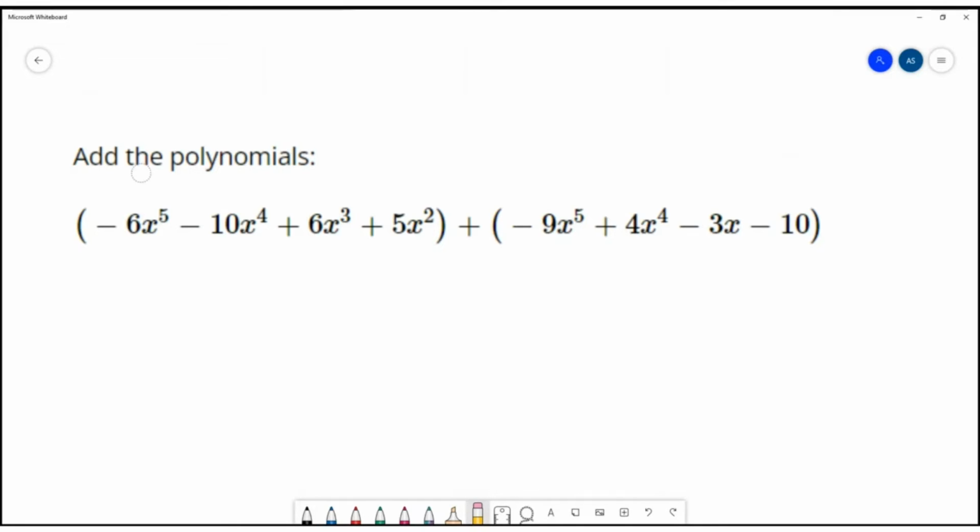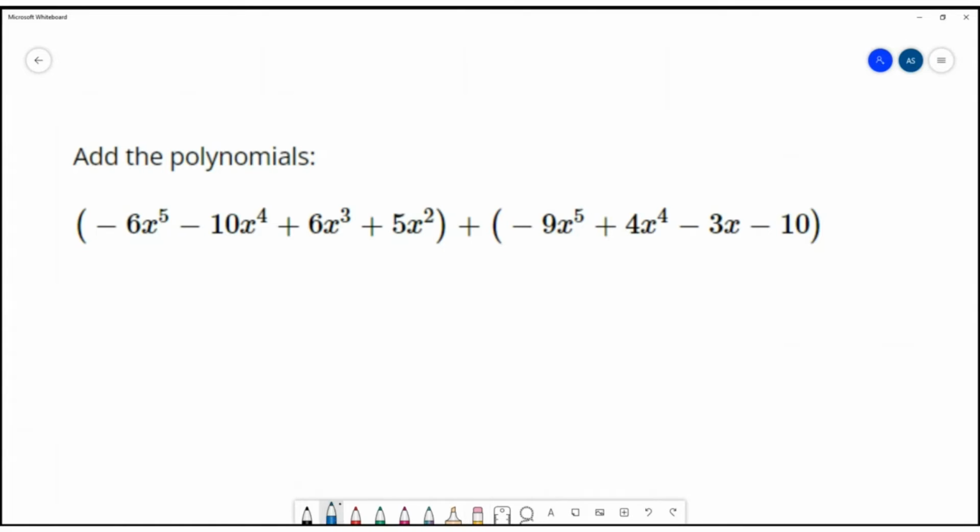In this example, we want to add the polynomials. Negative 6x to the 5th minus 10x to the 4th plus 6x cubed plus 5x squared plus negative 9x to the 5th plus 4x to the 4th minus 3x minus 10. When we're adding polynomials, we need to combine like terms.